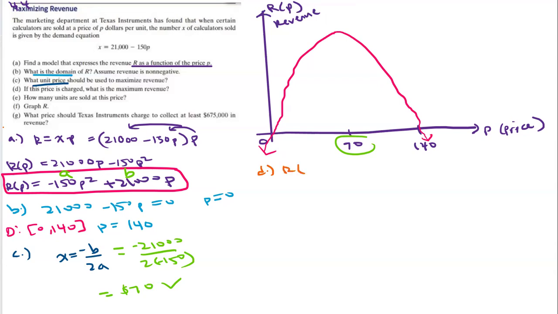So we're going to have R of 70 equals negative 150 times 70 squared plus 21,000 times 70.